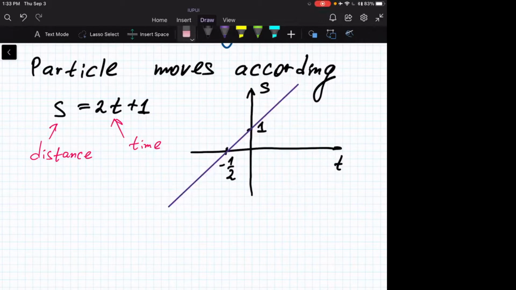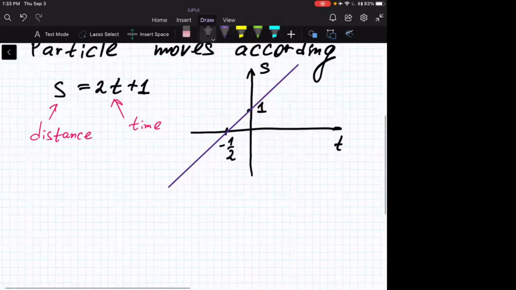So we can calculate the slope of this line, and we remember that the straight lines are the special case.